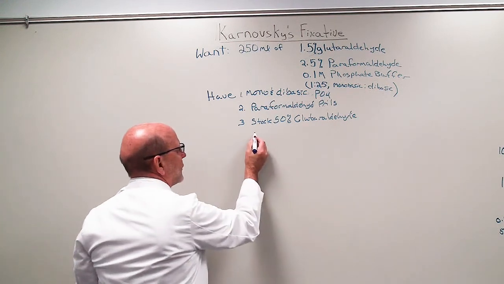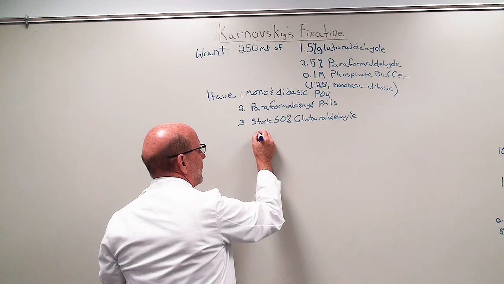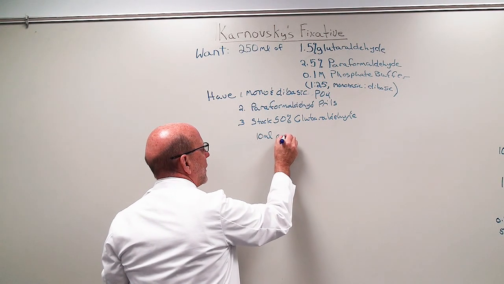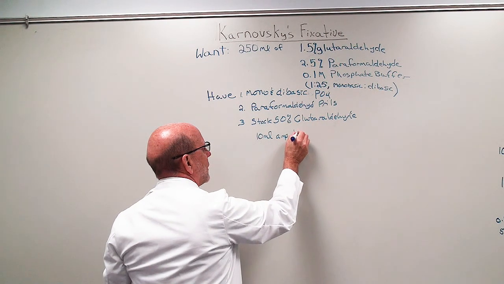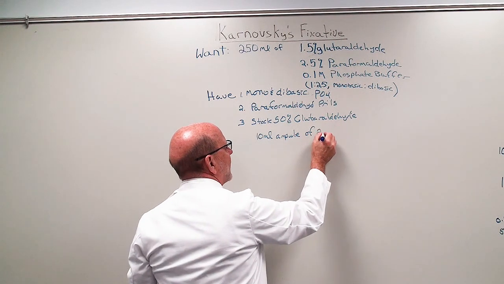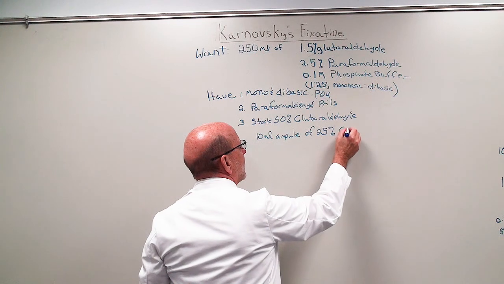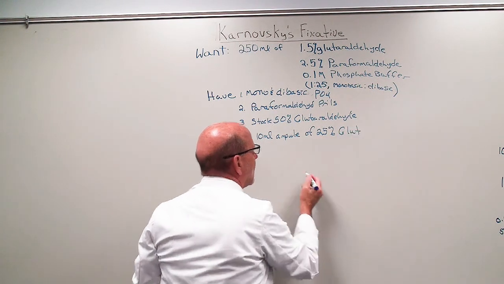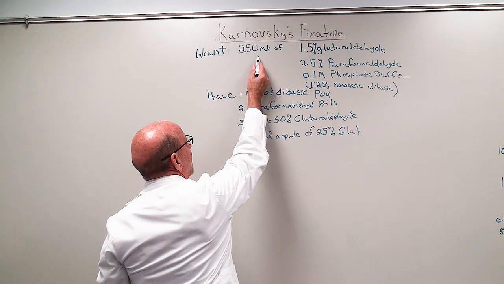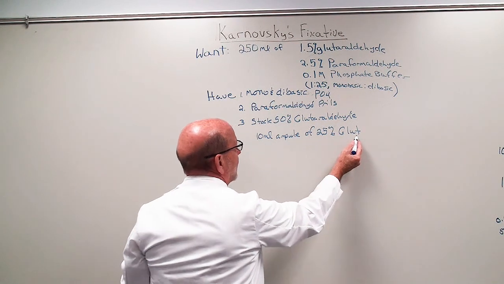If you have an ampule versus the stock 50% glutaraldehyde, it's a good idea to use that as your limitation and indication of your volume, because you don't want to open an ampule and leave some left over. So if I have a 10 ml ampule of 25%, I'm going to figure out what volume of my solution I can make using all of that glutaraldehyde.